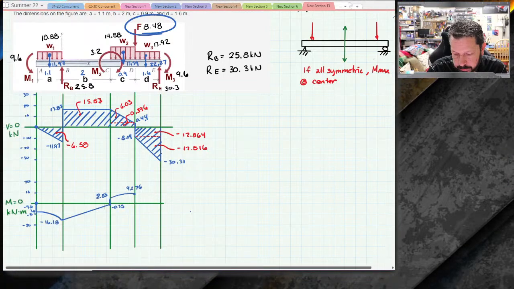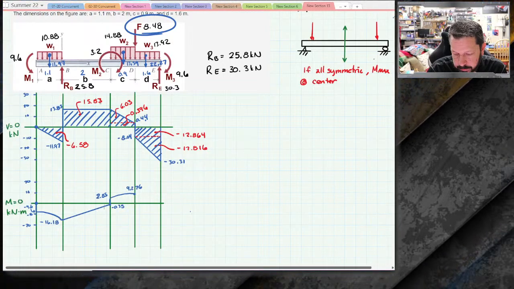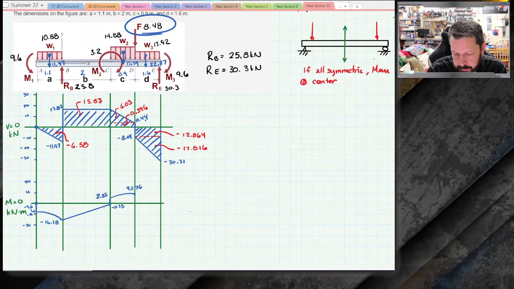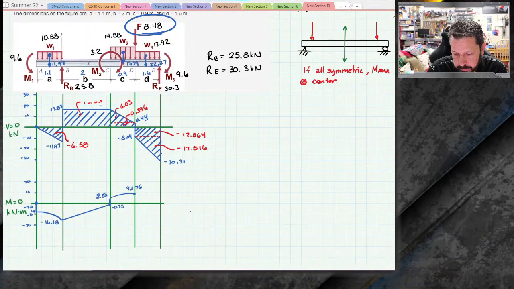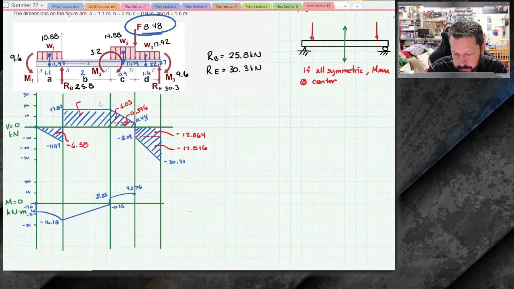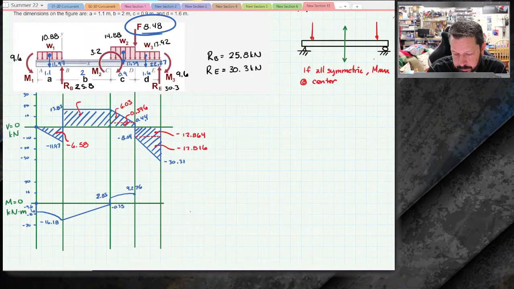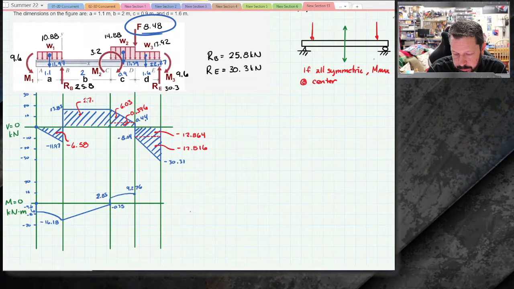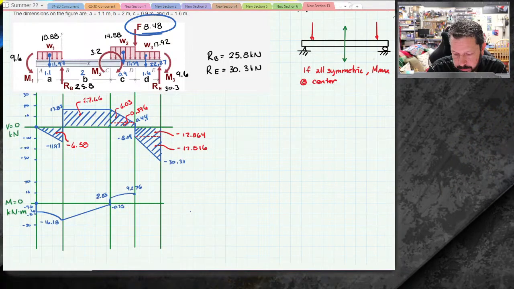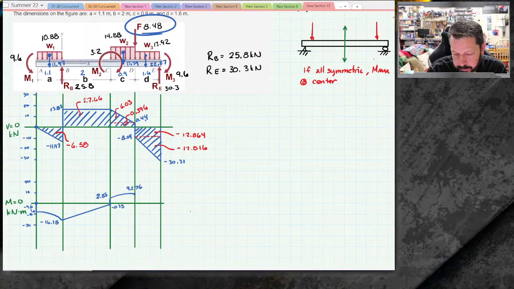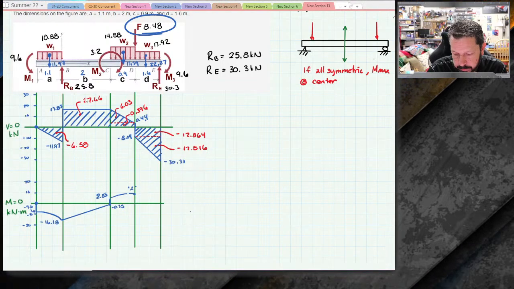Yeah, and I don't know, did I divide that by 2? Yes, I think I did. Or I wrote down some, I don't know where that number came from actually. 13.83 times 2 is 27.66.